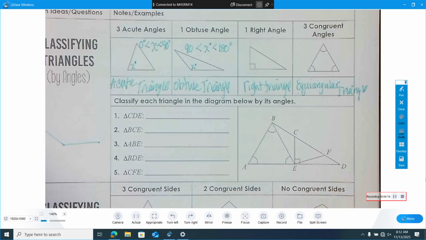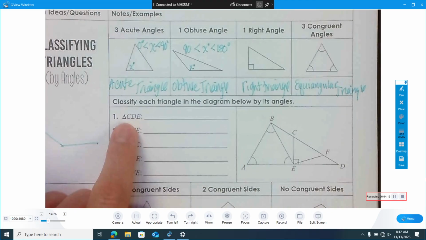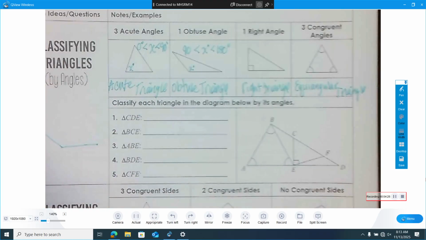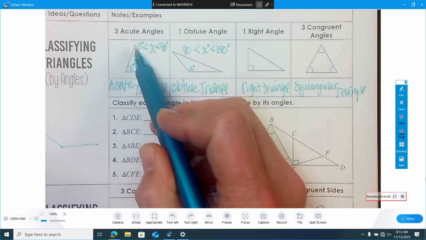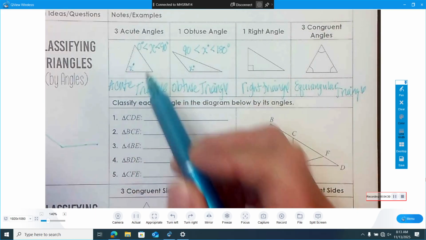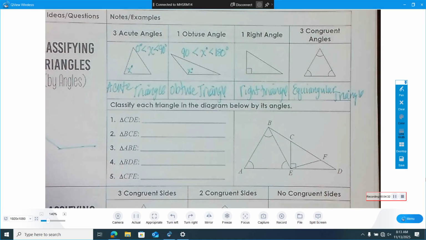So how do we know we're looking for a triangle? Here's the symbol. Look, it's a triangle. I love that. That symbol means triangle CDE. A triangle has 3 vertices, so we will always use 3 letters to identify a triangle.